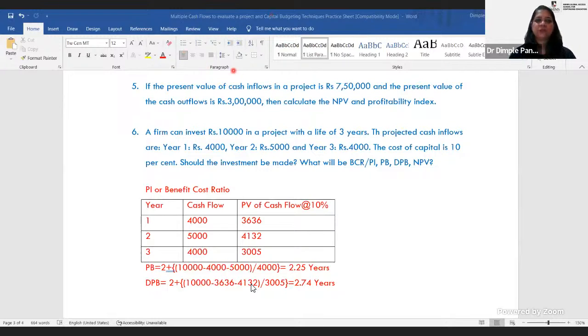What would you do if the management is looking for projects only with 2.5 years? Reject, right? Done. Calculate NPV. Quickly calculate NPV. Profitability index.